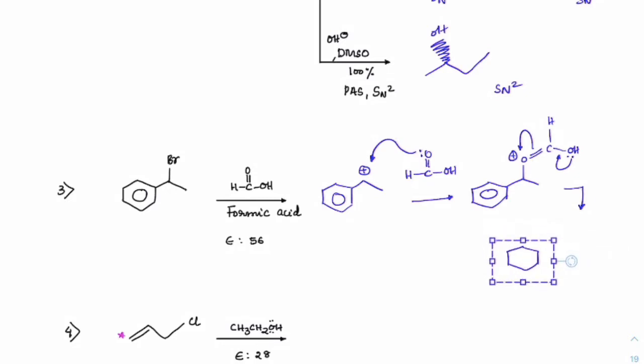Write a little here. So we will get this as O, C double bond O with H, and this H plus is coming out since it is in acidic medium only. So what is the product which we are getting?